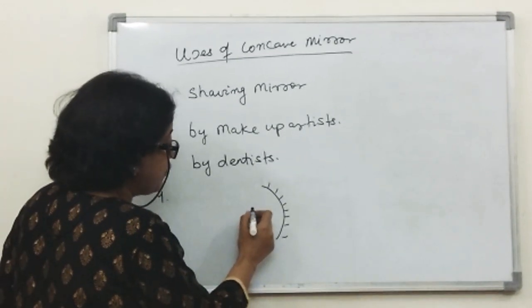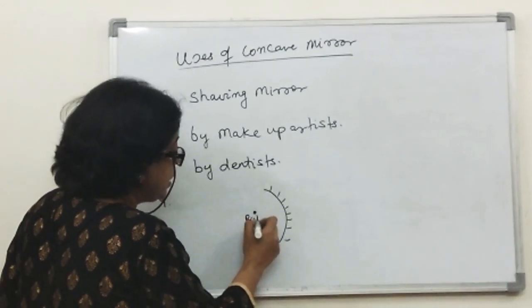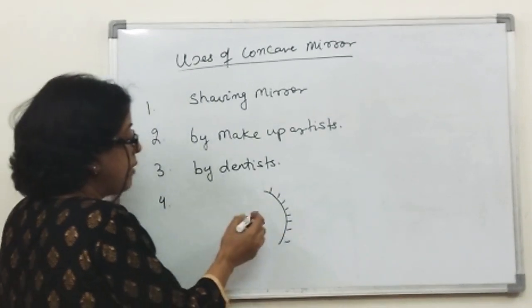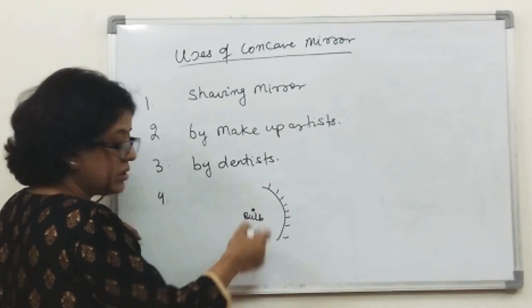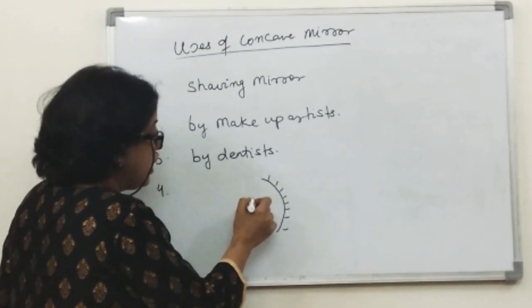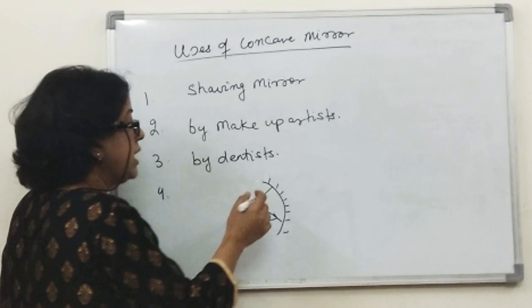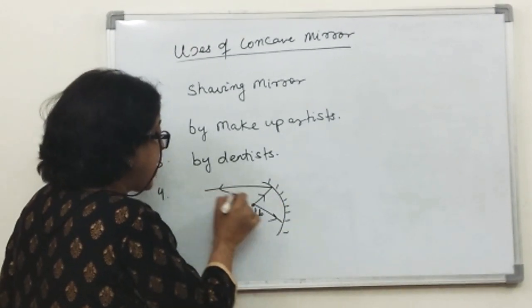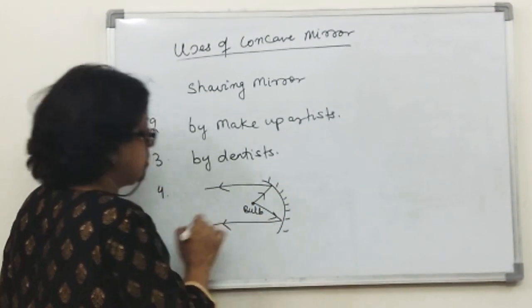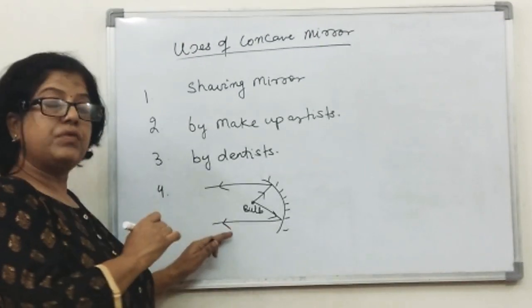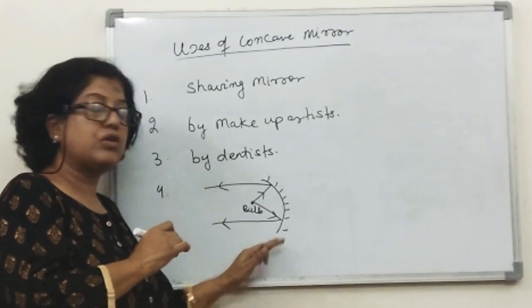Now, why do we do so? From the bulb, light goes in all directions. Also, light from the bulb falls on the concave reflector placed behind it, and you can get a parallel beam of light coming out of it.